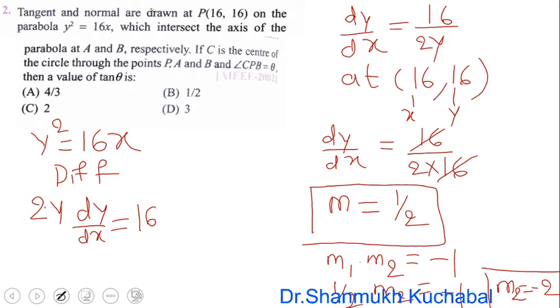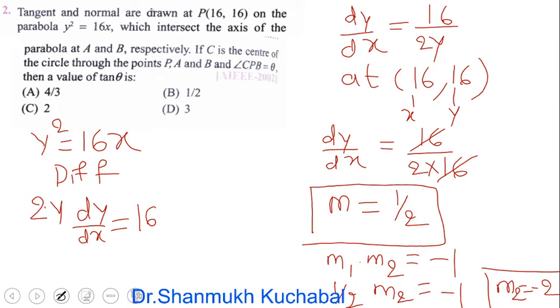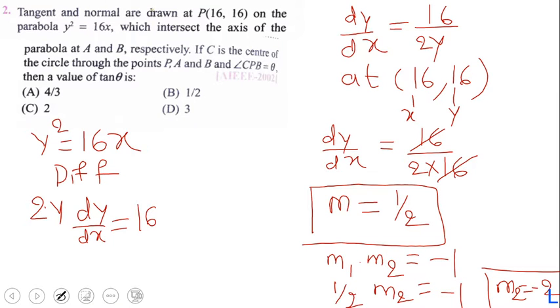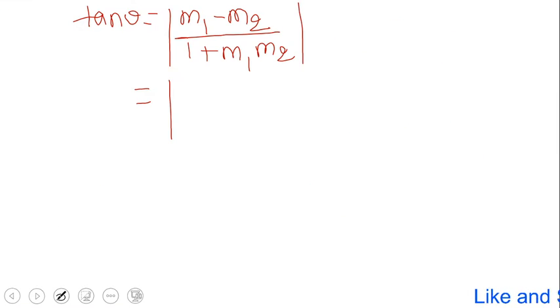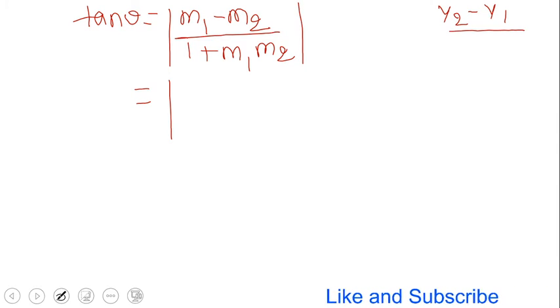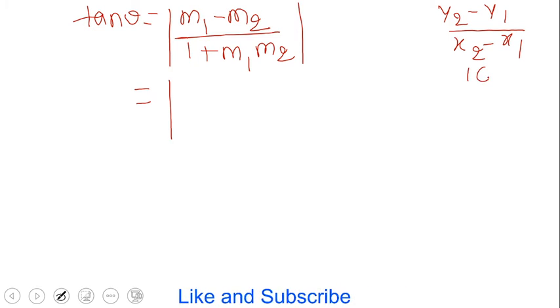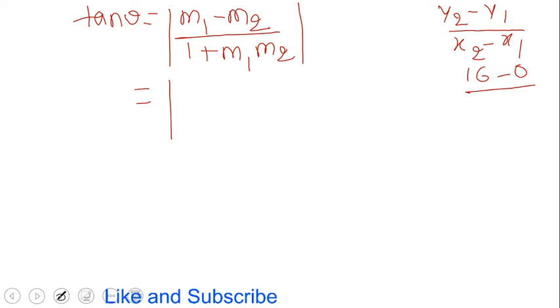For that I find the slope of points C and P. The coordinates: y2 minus y1 divided by x2 minus x1, so it is 16 minus 0 divided by 16 minus 4.